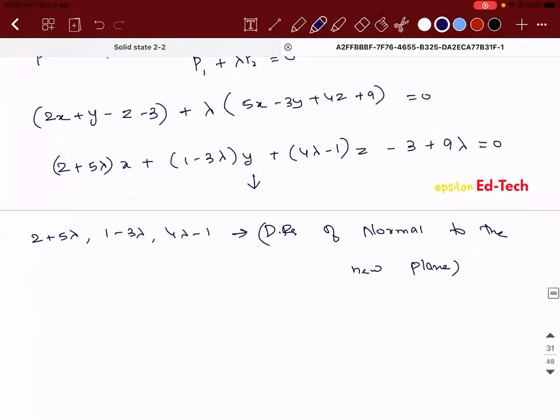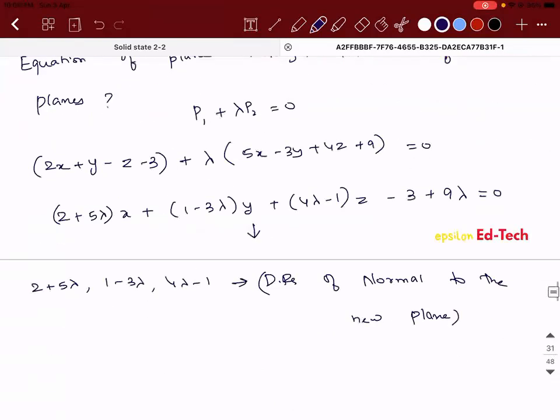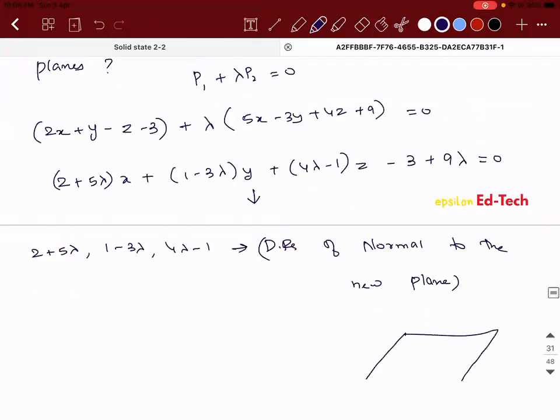Okay. And similarly, this plane is parallel to this line. So if you observe, if this is the new plane, the line is something like this, and the normal of the plane is something like this. So we know the DRs of normal, and we know the DRs of the line, right?